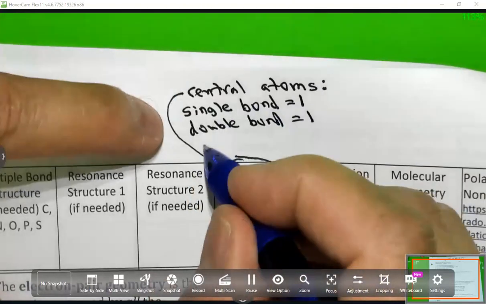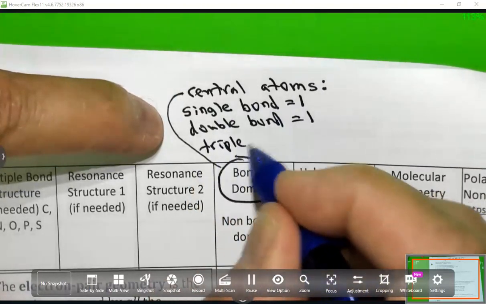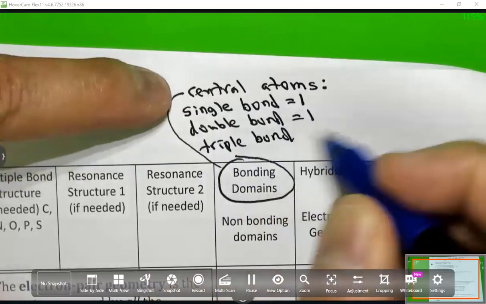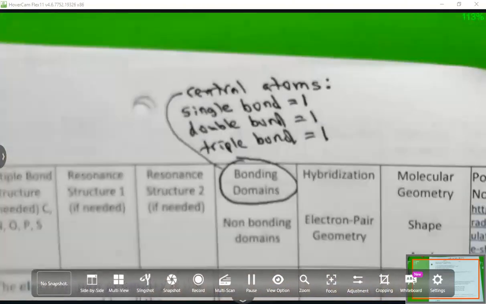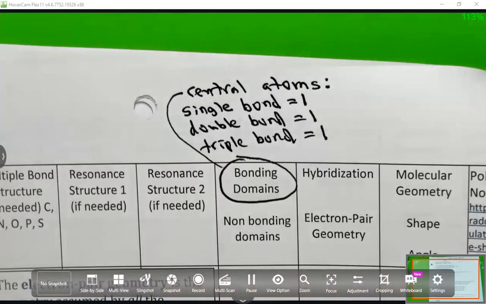A double bond equals 1. A triple bond equals 1. A bonding domain is just a bond. It doesn't matter if it's single, double, or triple.